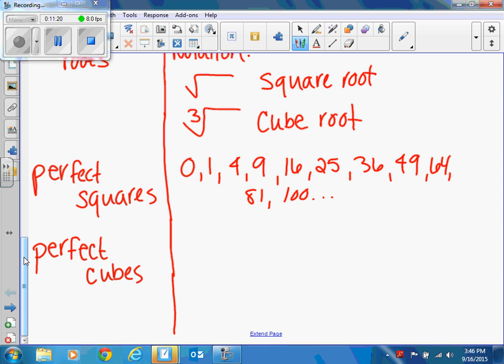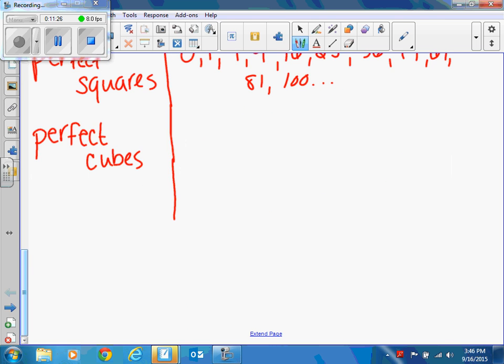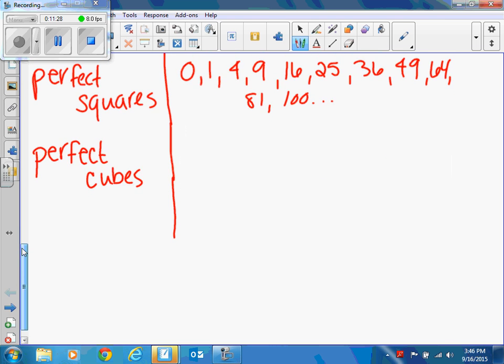The list goes on. And when we looked at perfect cubes, we have again 0 and 1, because like I said, those are perfect everything. So 0, 1. Now the next one would be 2 times 2 times 2, right? Because when we're talking about cubes, we need to do it 3 times. So 2 times 2 times 2 is 8.